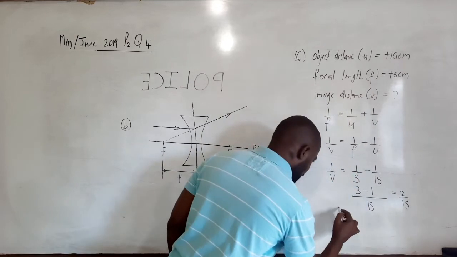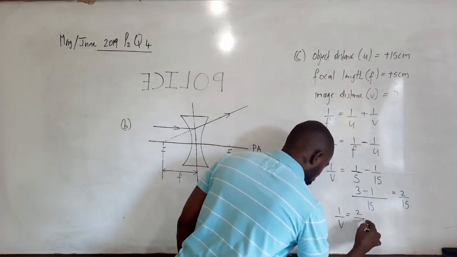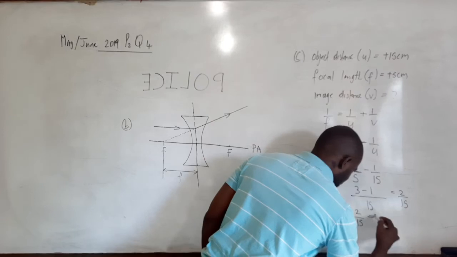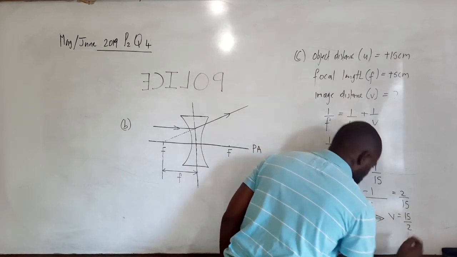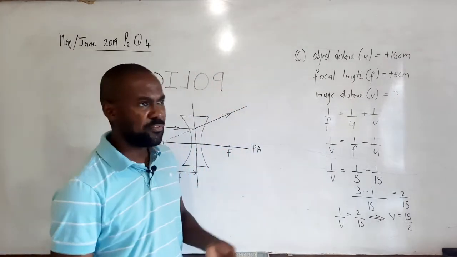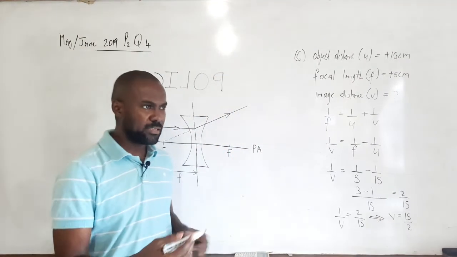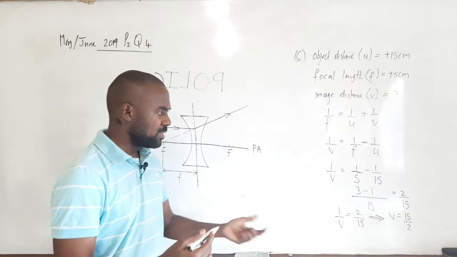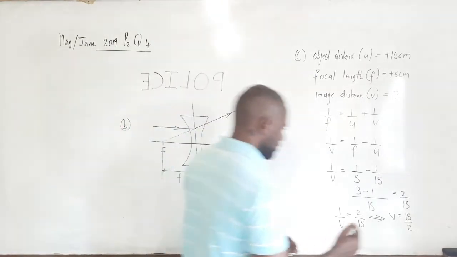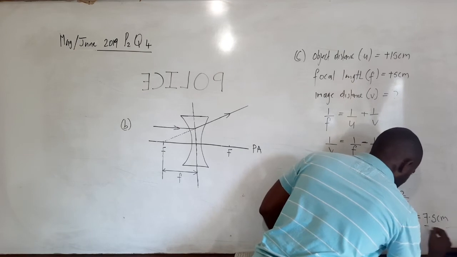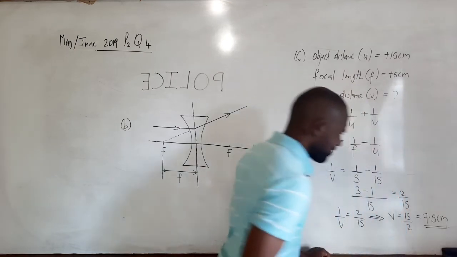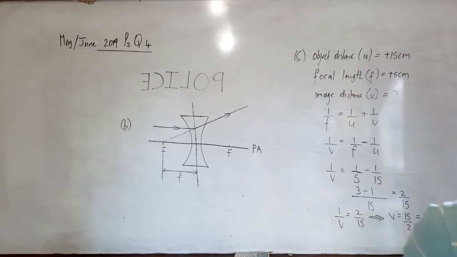So 1 over V is equal to 2 over 15, and this therefore means that V is equal to 15 over 2. If 1 over V equals 2 over 15, we reciprocate both sides and find the value of V. And so this gives us 7.5 centimeters, right? So 7.5 centimeters is the image distance.